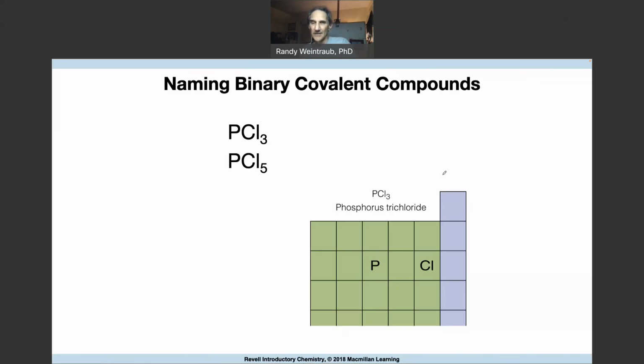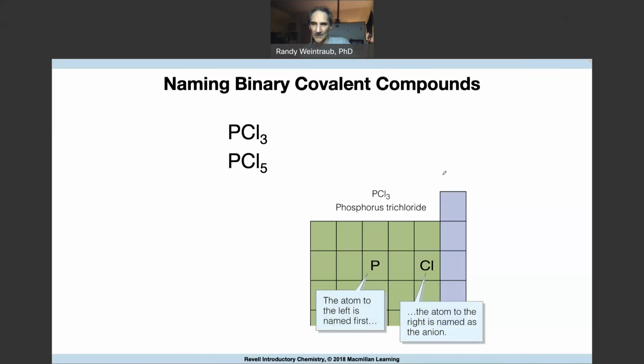When naming binary compounds, we first identify the element that's further down or to the left on the periodic table. This element is named first. In this example, we name phosphorus first, and then second is the chloride.